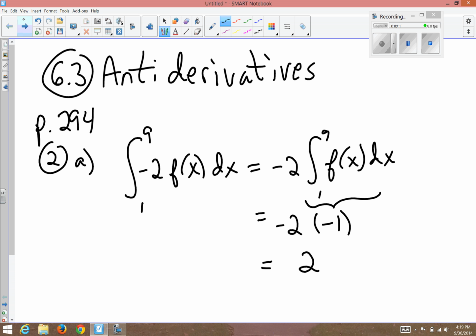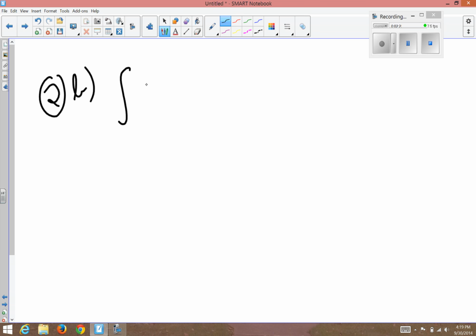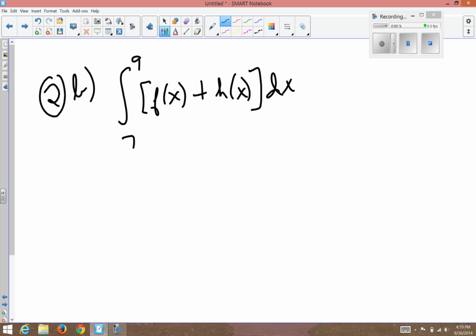Number 2, part B, it says the integral of f of x plus h of x dx from 7 to 9. Another property of integrals is when the integrand, here's what I mean when I say the integrand, when the integrand is more than one term, we are allowed to distribute the integral symbol.